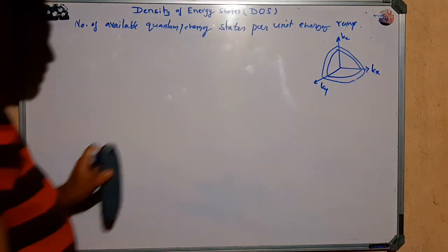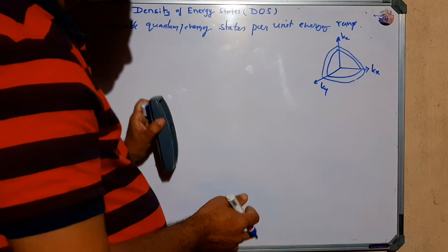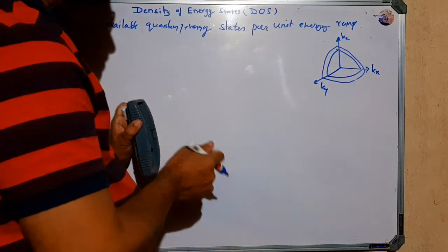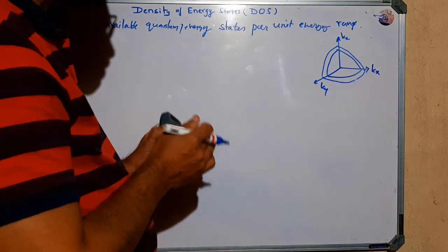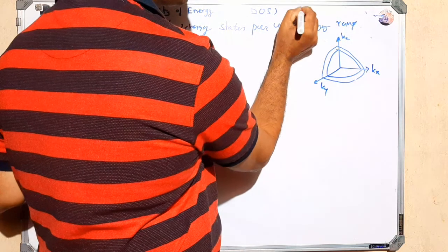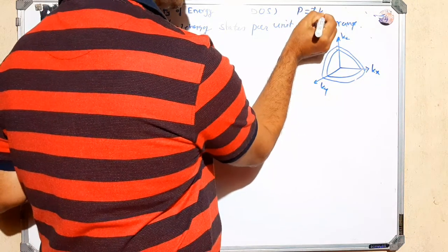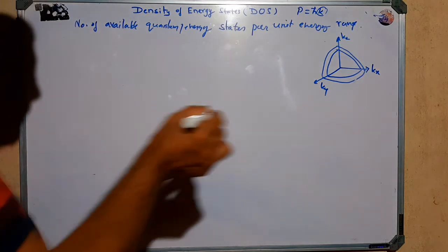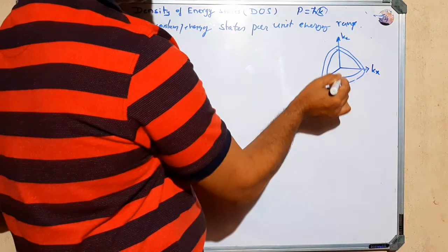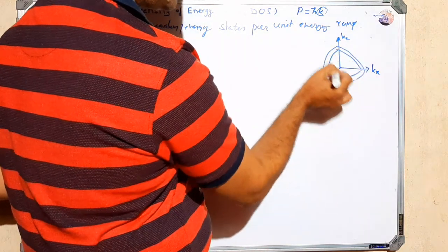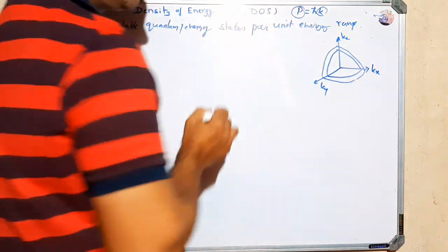Why? You can ask the question, you have plotted Kx, Ky, Kz, then is it the K space? Then how are you saying it is the momentum space? You know, momentum is equal to h cross K. So if you are marking this in the K space, it is also true that this diagram is plotted in the momentum space.